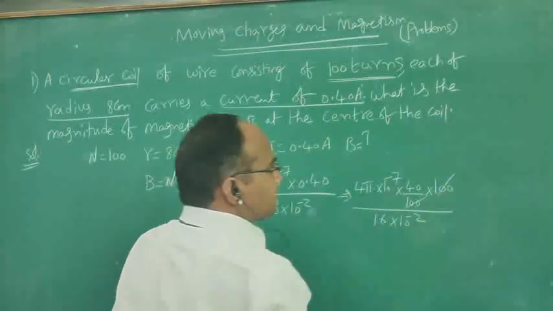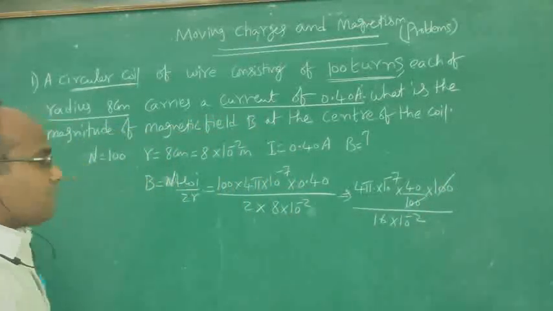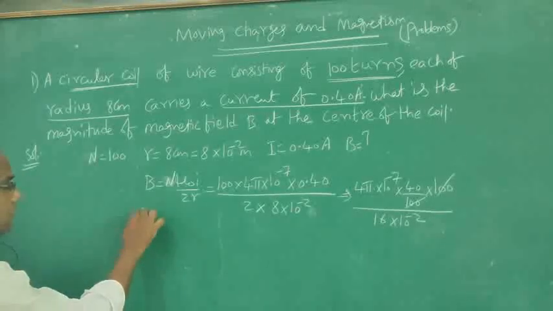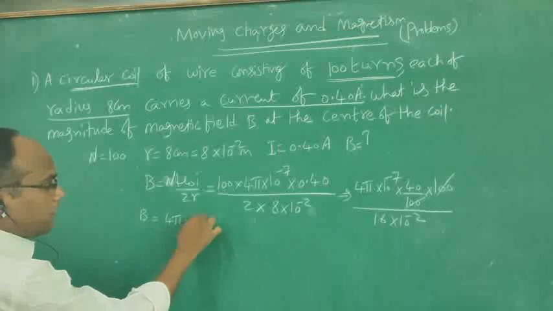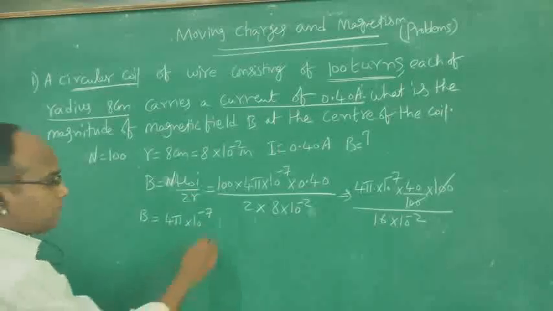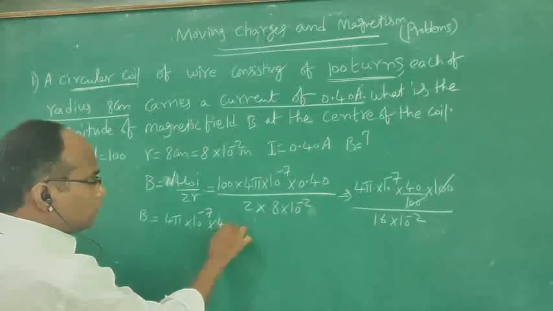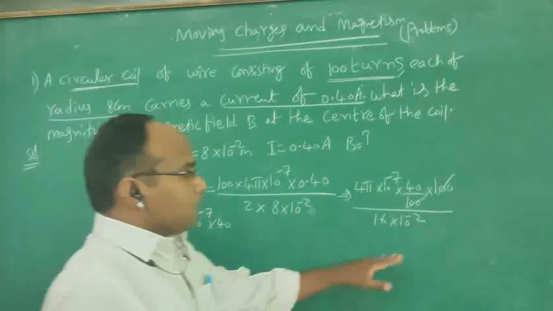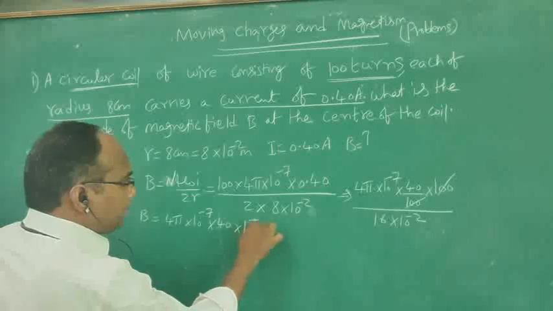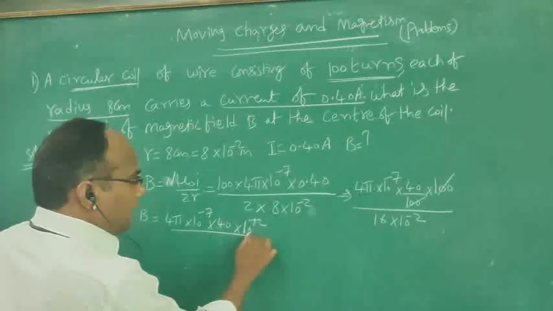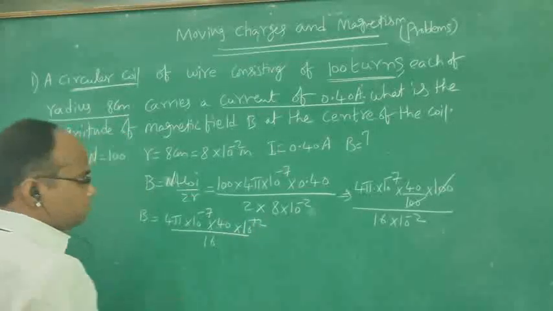So this 100 cancels. So you should write B is equal to 4 pi into 10 to the power of minus 7 into 40, and it comes up as 10 to the power of plus 2 divided by 16.